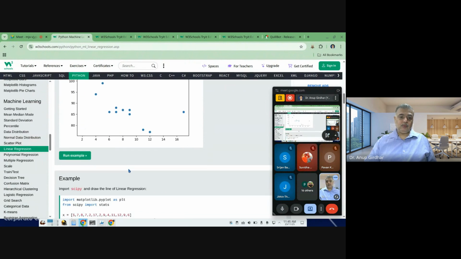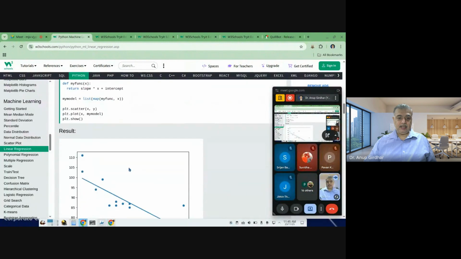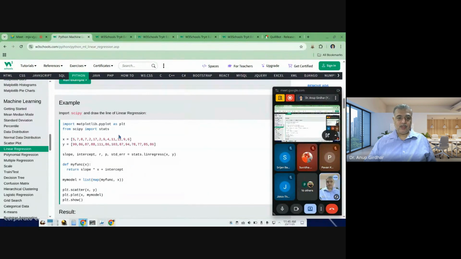Now, once that is done, we have to place the line. For that, we need to use the SciPy library, and from there we'll get stats. In linear regression, under the stats module, we have a method called linregress. linregress is an inbuilt method of SciPy, in the stats module.